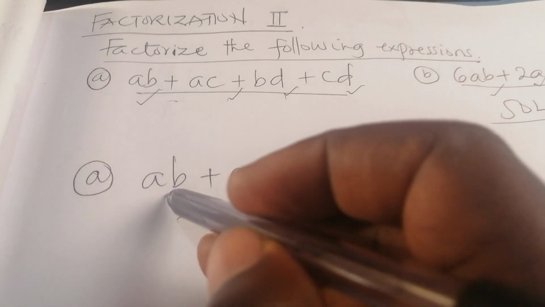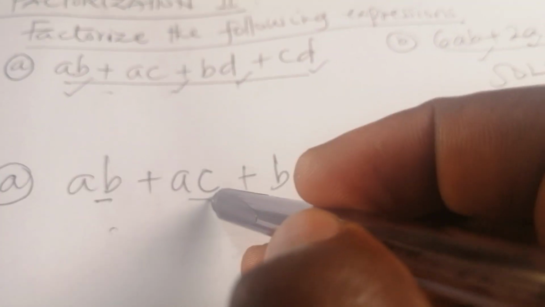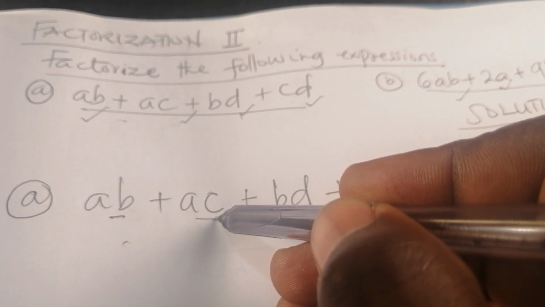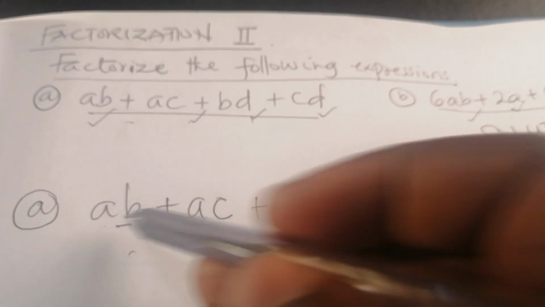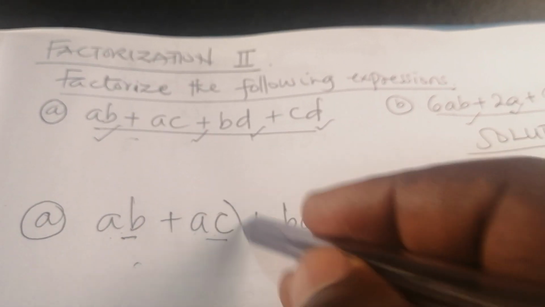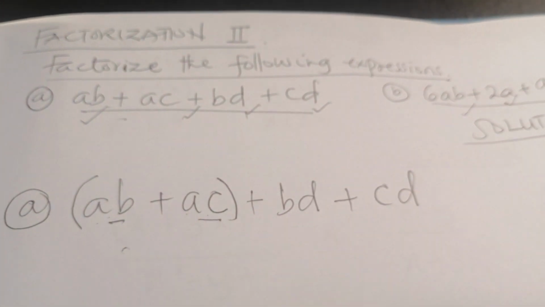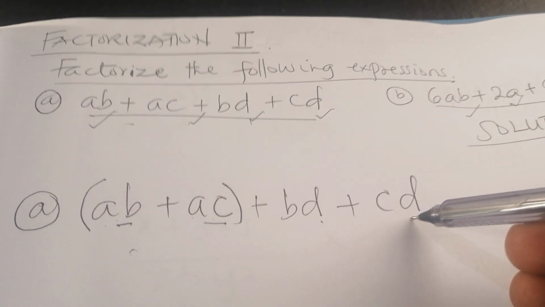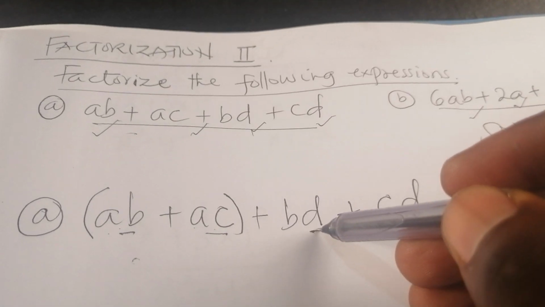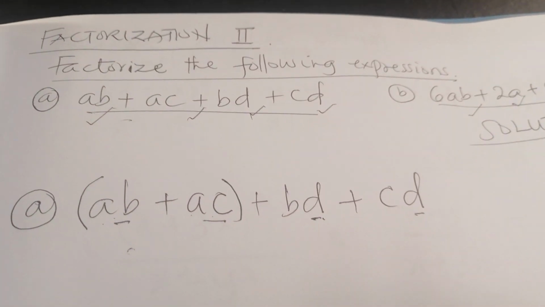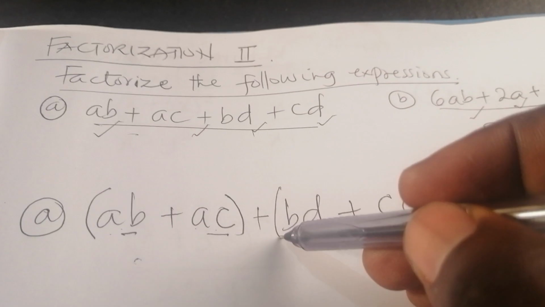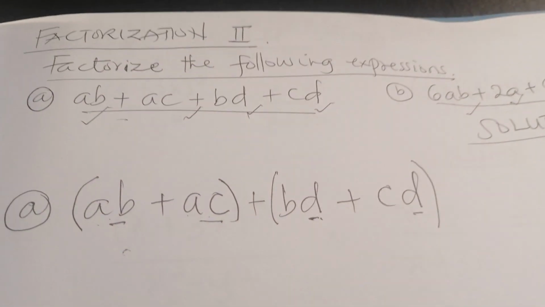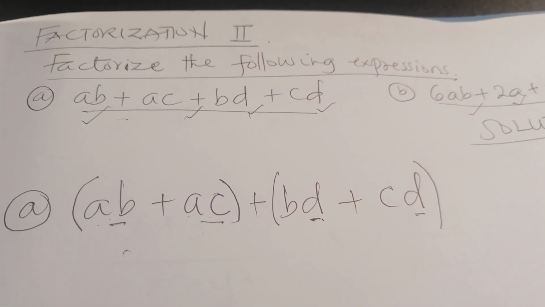So for instance, when we compare AB to AC, do you have anything in common? Yes, there is A in common. So we can group AB and AC as 1. Now when we come to BD and CD, the letter D is also common in both terms. So we can equally group BD and CD together.